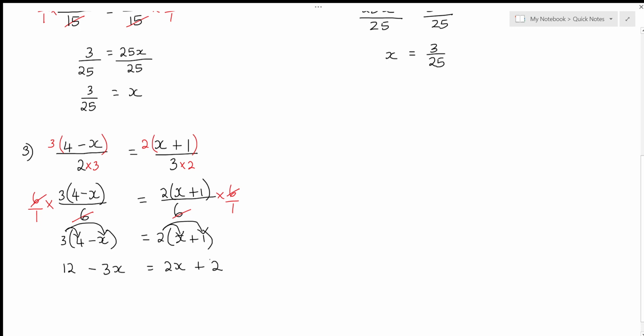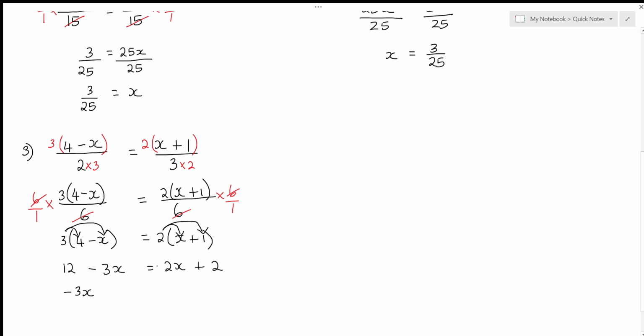Now we're going to move our letters to one side and our numbers to one side. So on the left hand side we have negative 3x, and so we want to move 2x across. To get rid of 2x on the right hand side, I'm going to minus 2x.